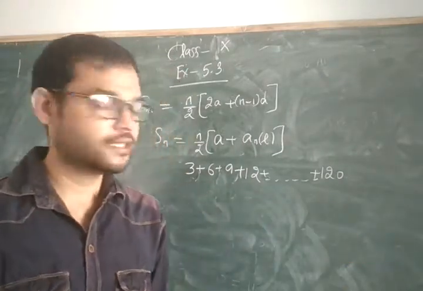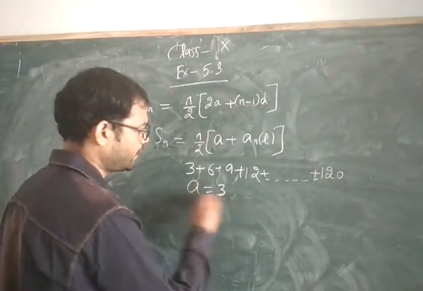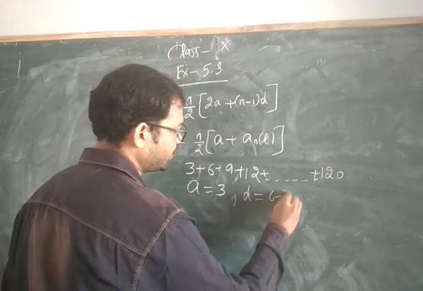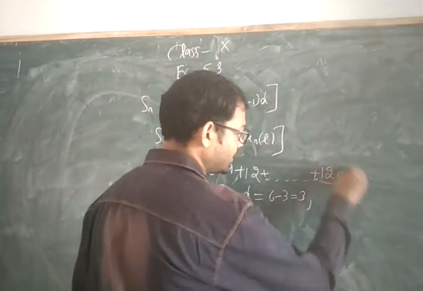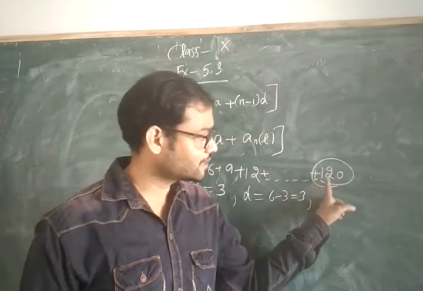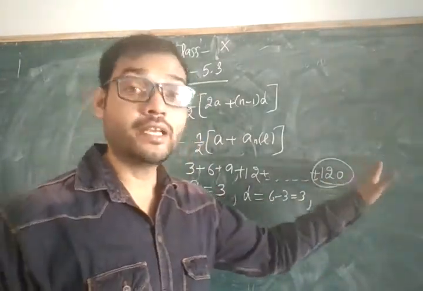Obviously it is clear from the AP that the value of a is 3, and the value of d, that is 6 minus 3, is also 3. If you look carefully, I write here plus 120. I didn't write 120 terms.